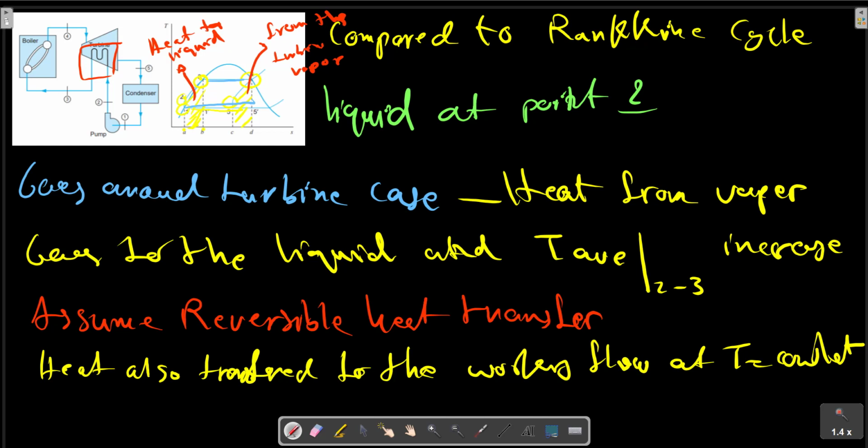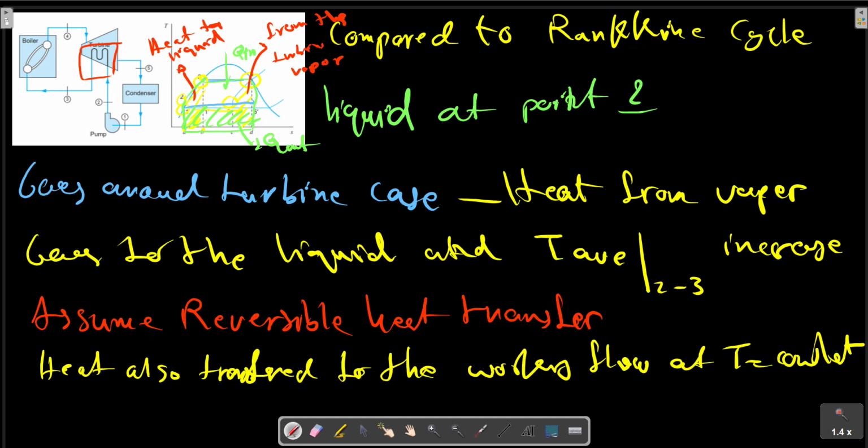In the process 3 to 4, the area 3, 4, D, B, A, 3 represents the heat transfer. Heat is transferred from the working fluid in process 5 to 1, and the area represents this heat transfer. We are talking about the area 3, 4, D, B, A, 3, heat in, and this area, Q out.